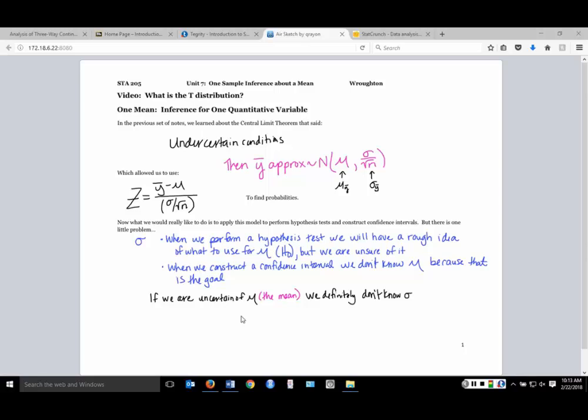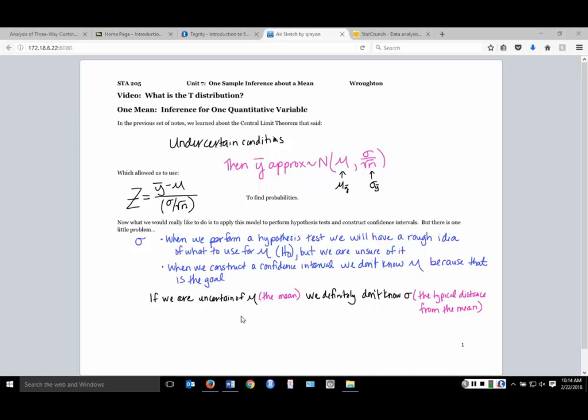Now, why would we not know that? Well, our standard deviation, right, is our typical distance from the mean. If I don't know the mean, I can't know my typical distance then from that mean. So there's our problem. So what are we going to do?